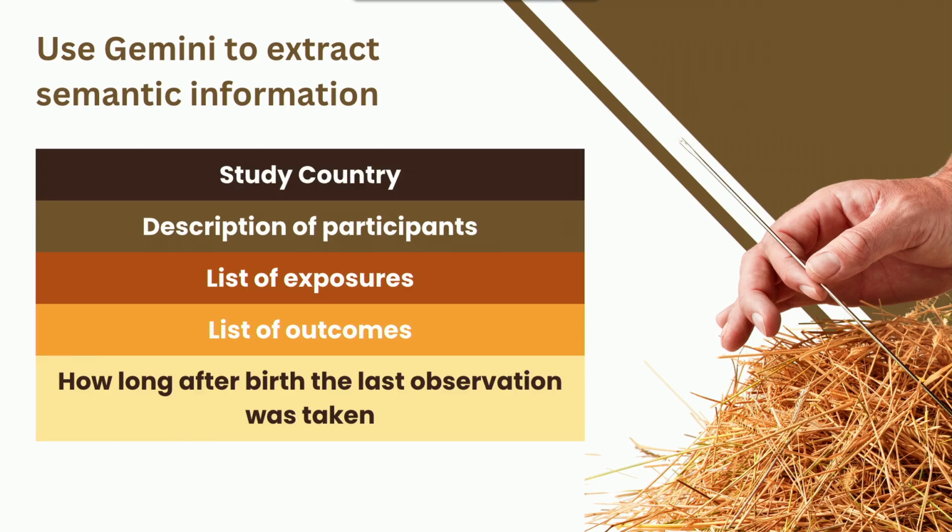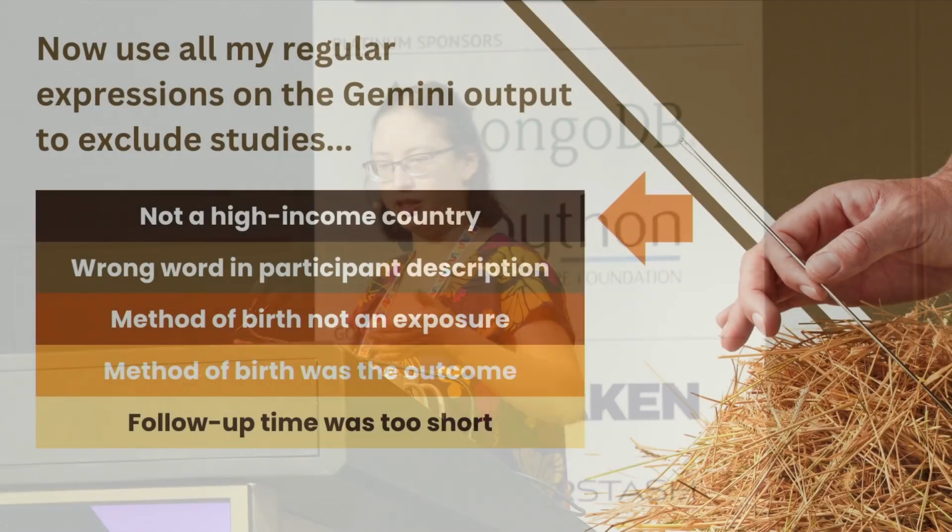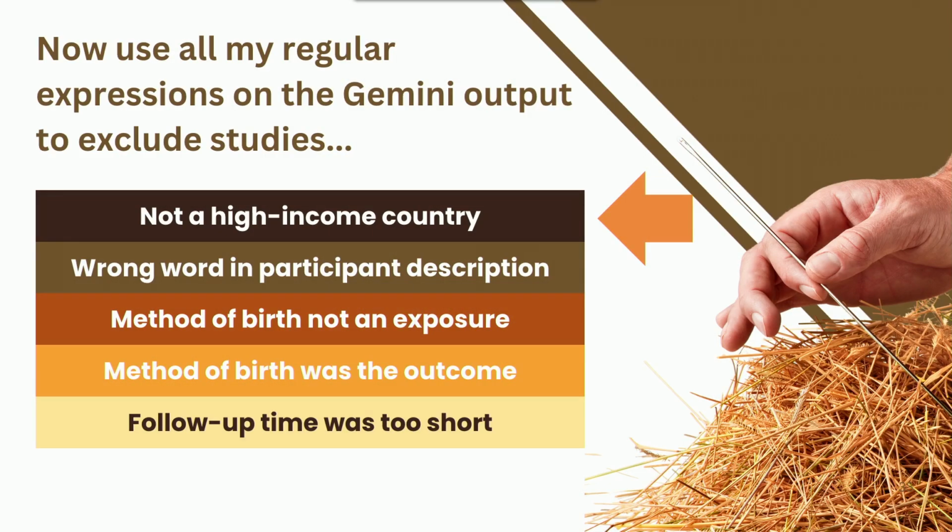This included what country the study was performed in, a one-sentence summary of who the participants were, lists of exposures and outcomes, and how long after the birth the last observation was taken. I placed all this information in the CSV file with the data that I had already downloaded from the research databases. And so, now Gemini had given me the semantic information about each of the abstracts, it became a relatively easy problem to use Python to run some regular expressions, again, to filter over my new columns.